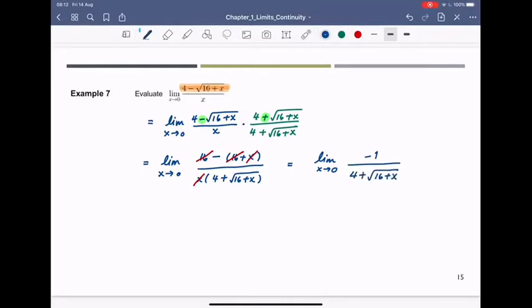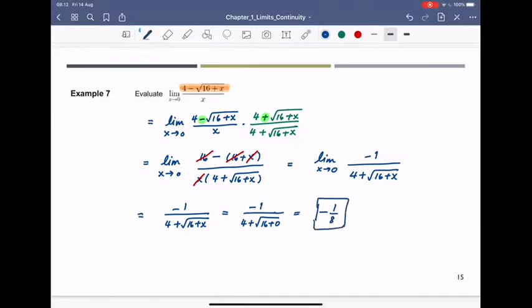Once you replace x by 0, you get negative 1 over 4 plus the square root of 16 plus 0, which is going to be negative 1/8.